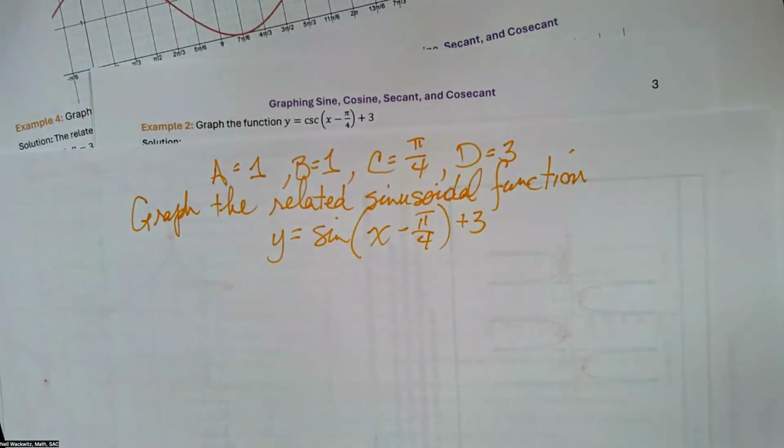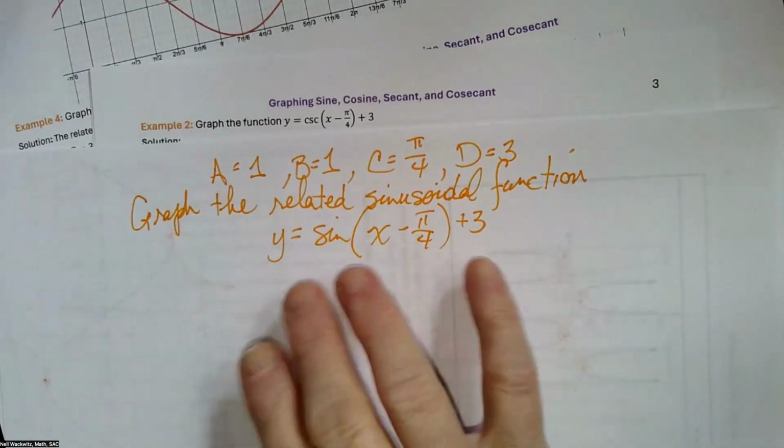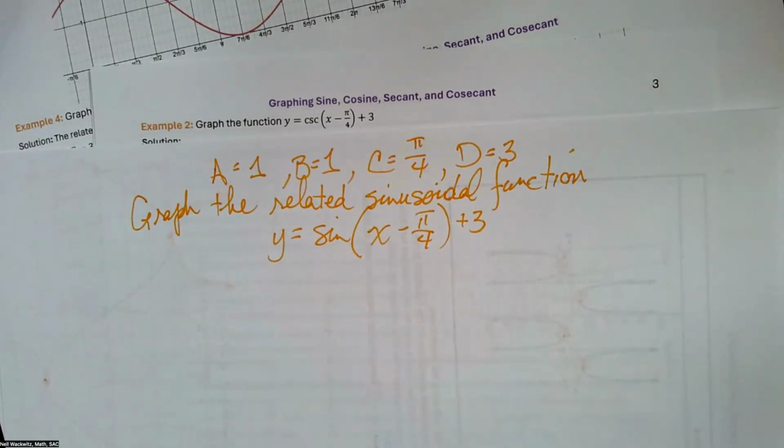Why is it not wasting time to graph this sine function if we want the cosecant?